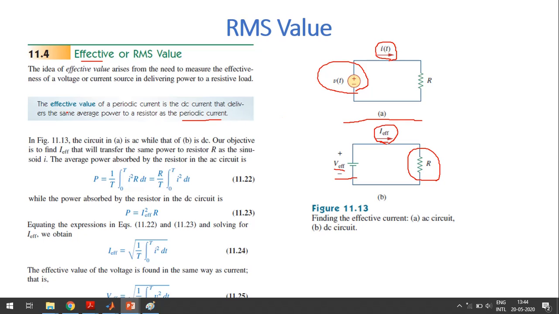So the effective value of a periodic current is the DC current that delivers the same average power to a resistor as the periodic current.